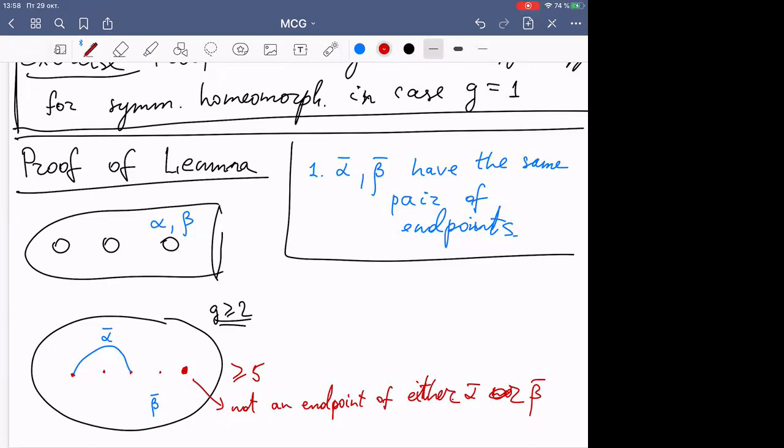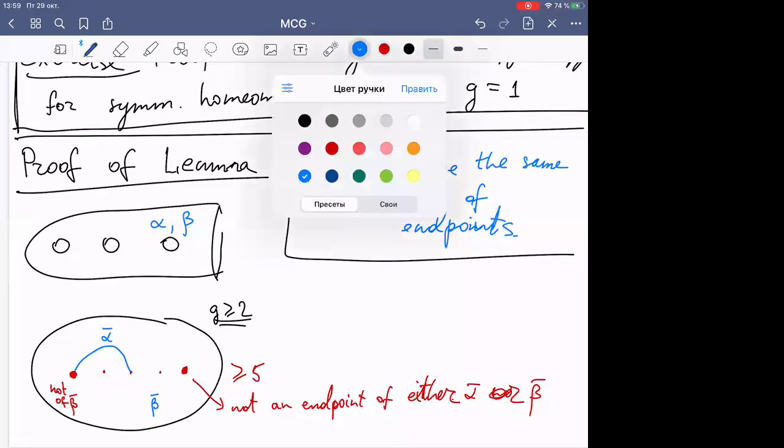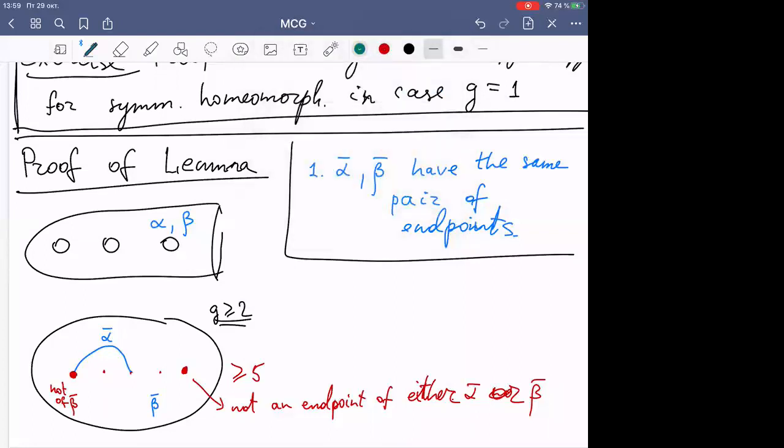Suppose that we have a point which is an endpoint of alpha bar, but not an endpoint of beta bar. And now let us consider the following auxiliary arc.